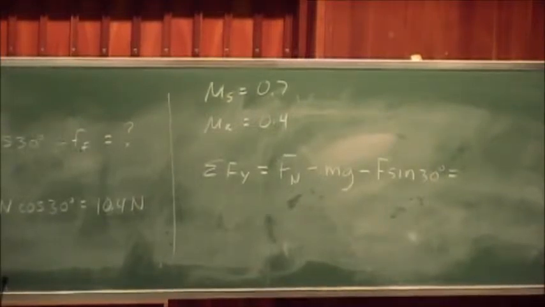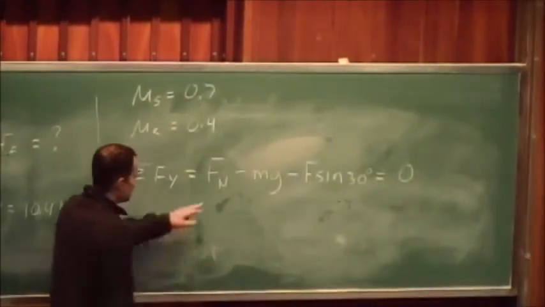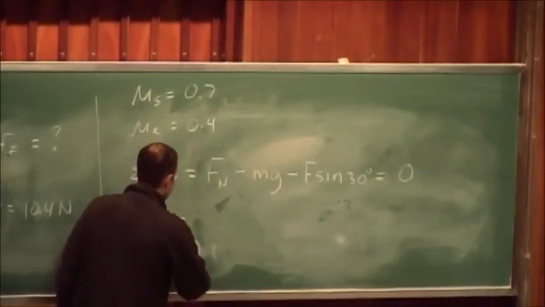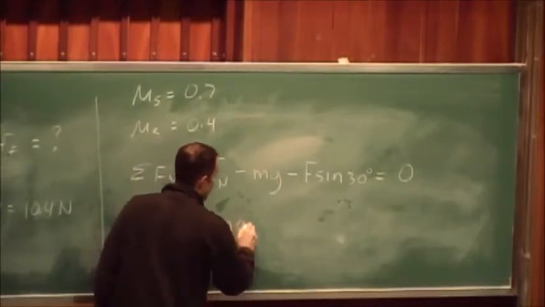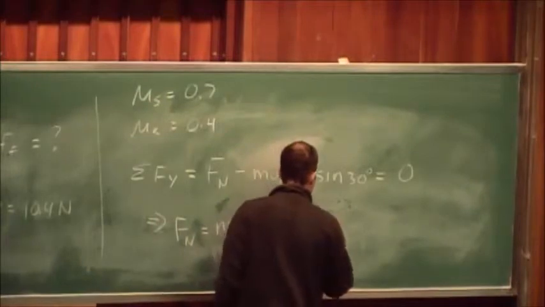Since it's on a surface, it's not accelerating up or down. From this, we can see that F normal is therefore going to be equal to mg plus F sine 30 degrees.